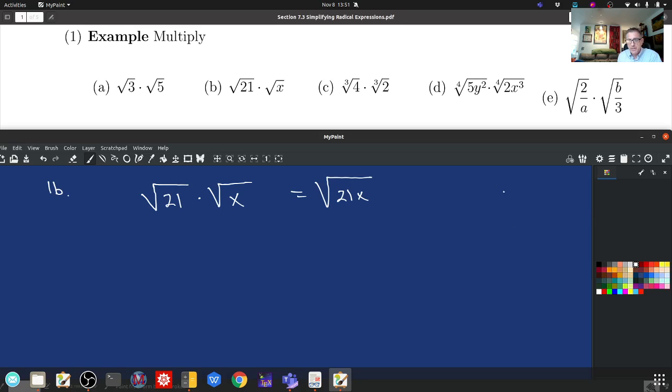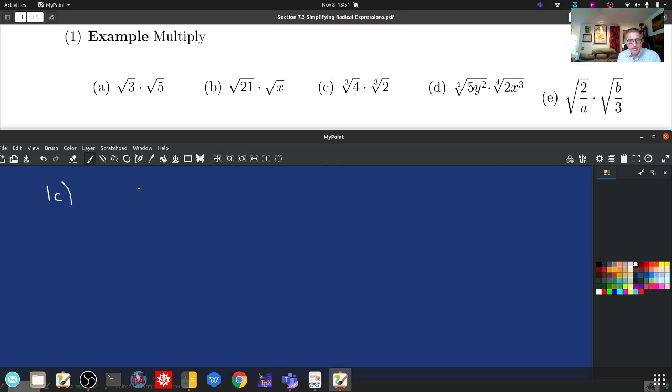Noticing 21 is equal to 3 times 7. If we ever had a number equal to a product of primes raised to powers, we could actually simplify. And I think we'll see this in our next example.